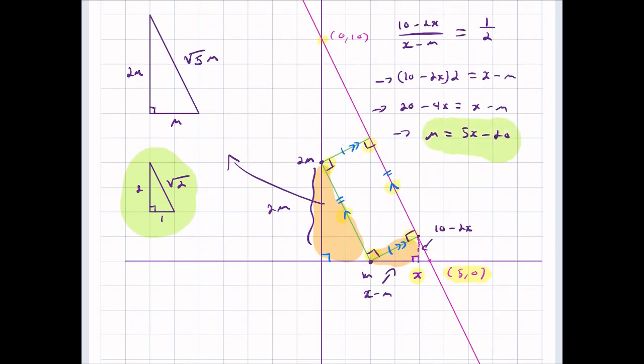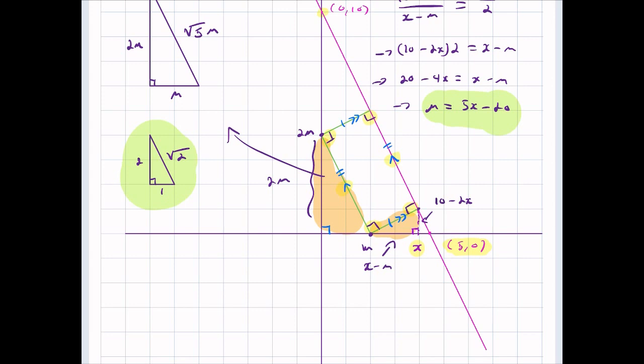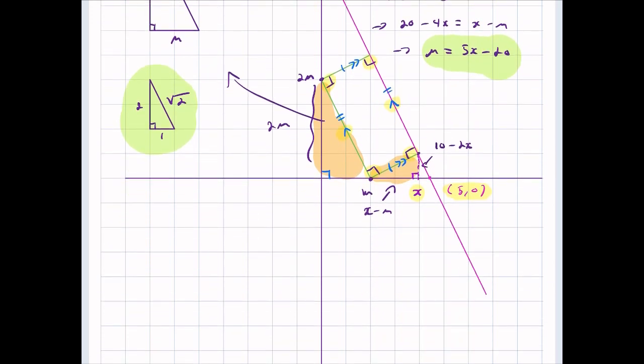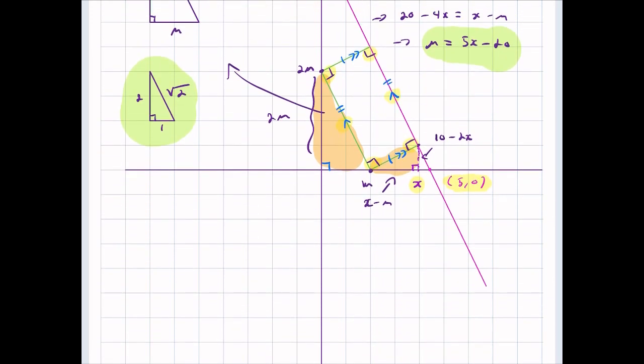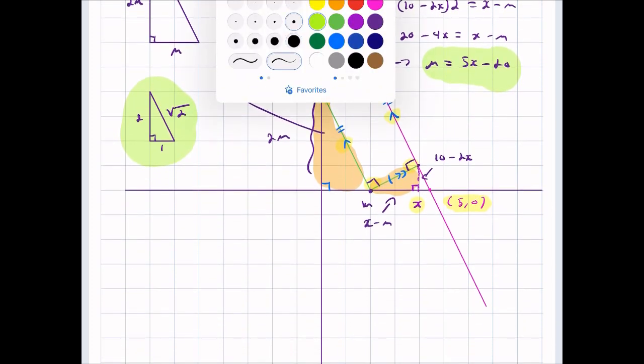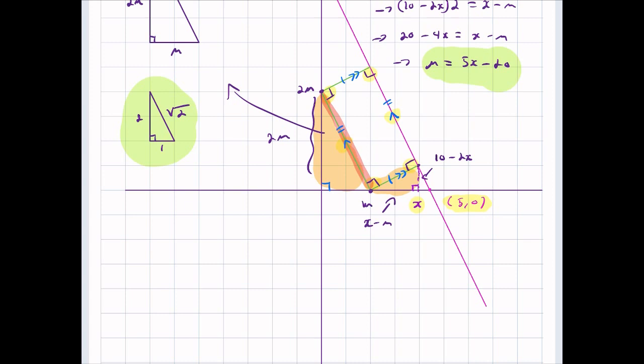And this is what I need to come up with a function for the area in terms of just x, right? Because I can get the area just in terms of m. I know that this side, we already figured this out, is root 5 times m.